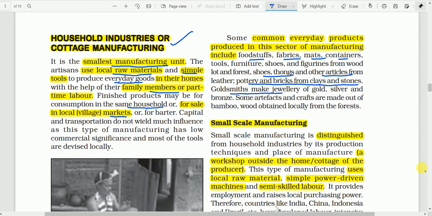Goldsmiths make jewelry of gold, silver, and bronze. So all these are examples of the cottage industries, if it is manufactured, if it is made in the houses, using simple tools and implements.